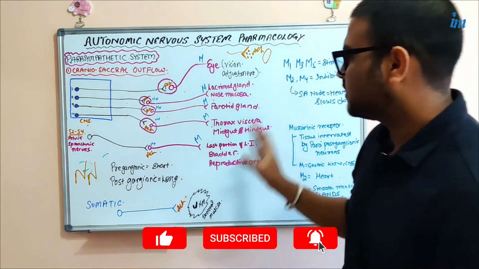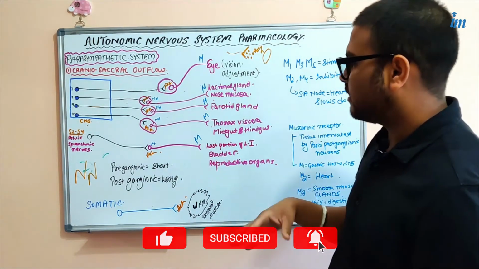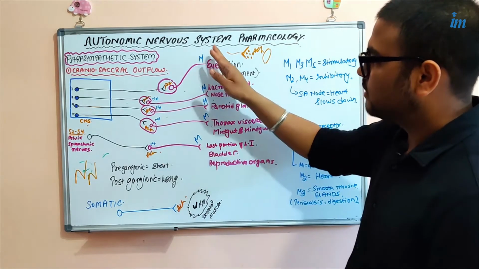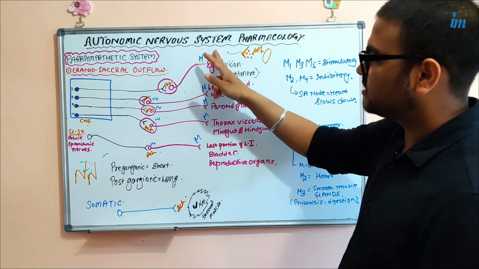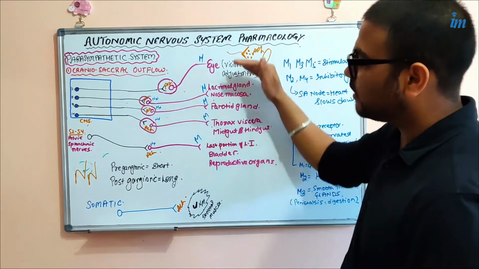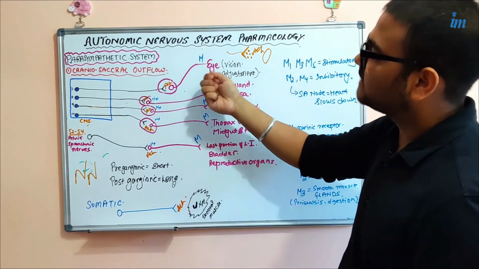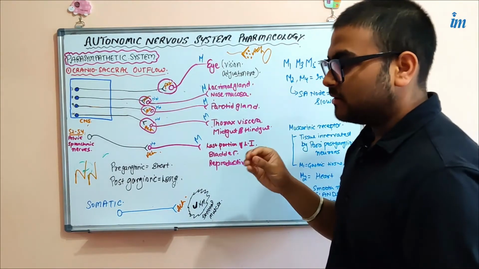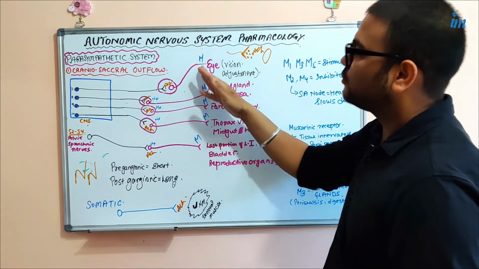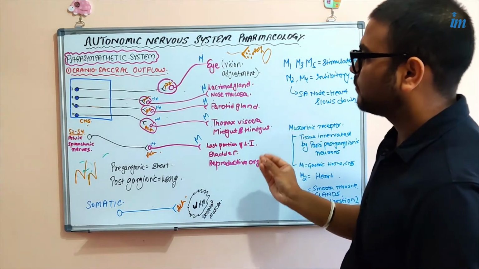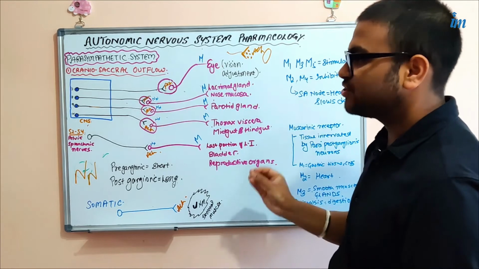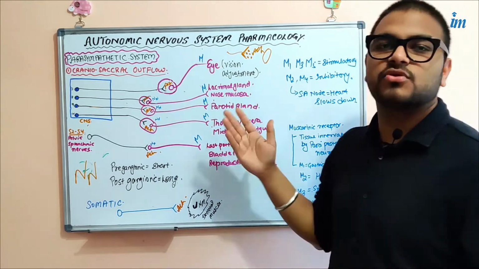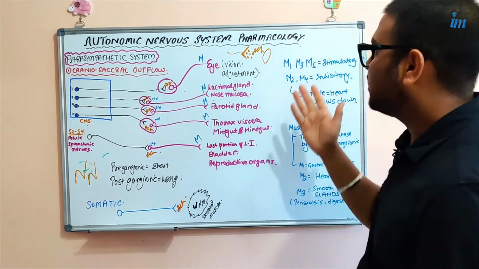Let us again recapitulate everything. These postganglionic neurons have receptors on various organs, and the acetylcholine secreted by the postganglionic nerve endings acts on the muscarinic receptors present on the various systems and produces the effect.